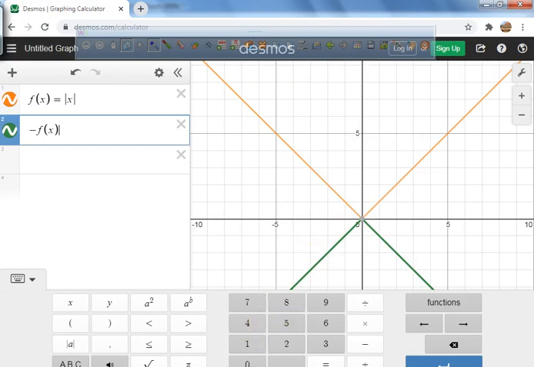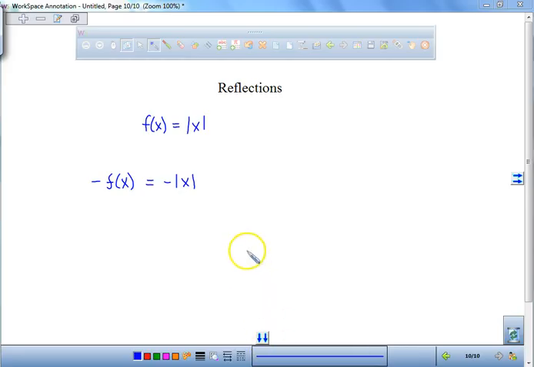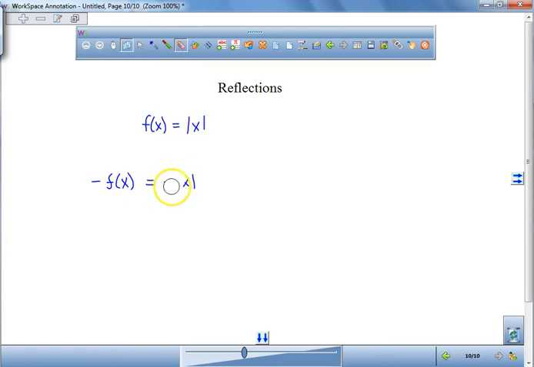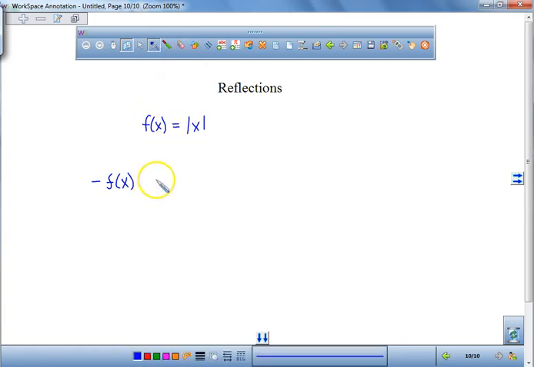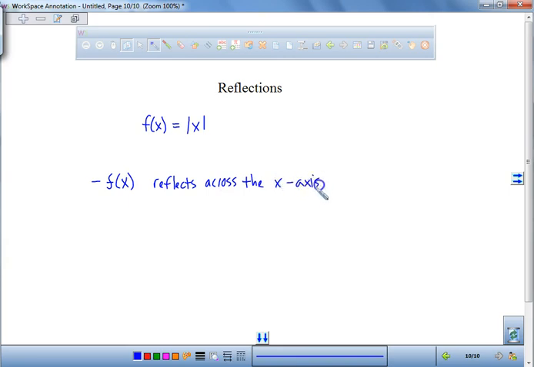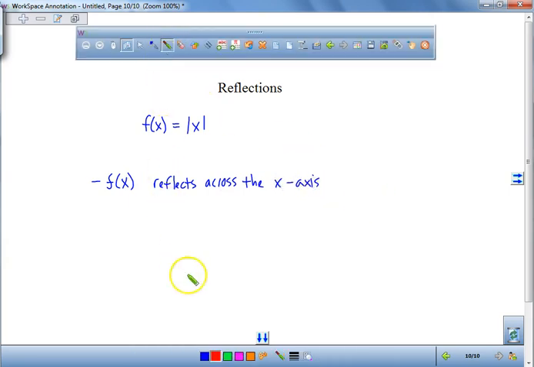It's reflected across something. Let's see here. What would you guys say? Yeah, I hear you. So right here, negative f of x, what does it do? It reflects across the x axis.